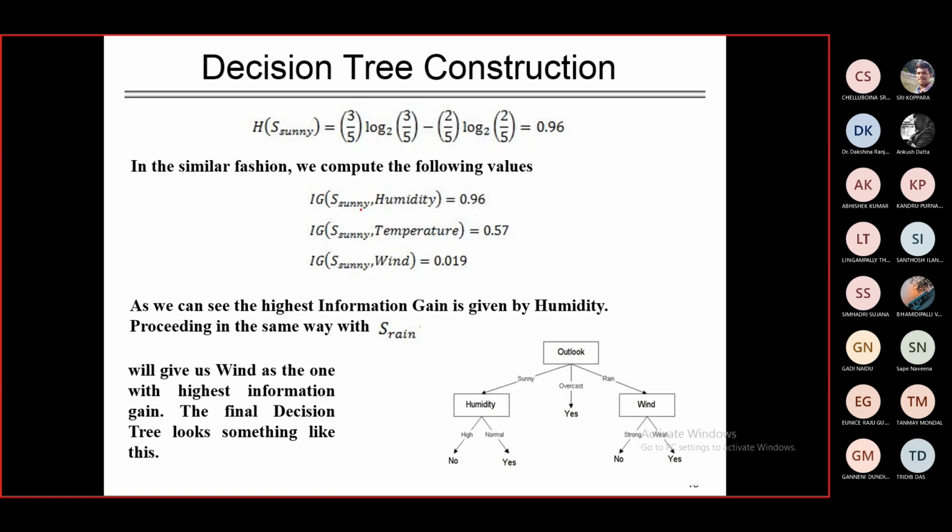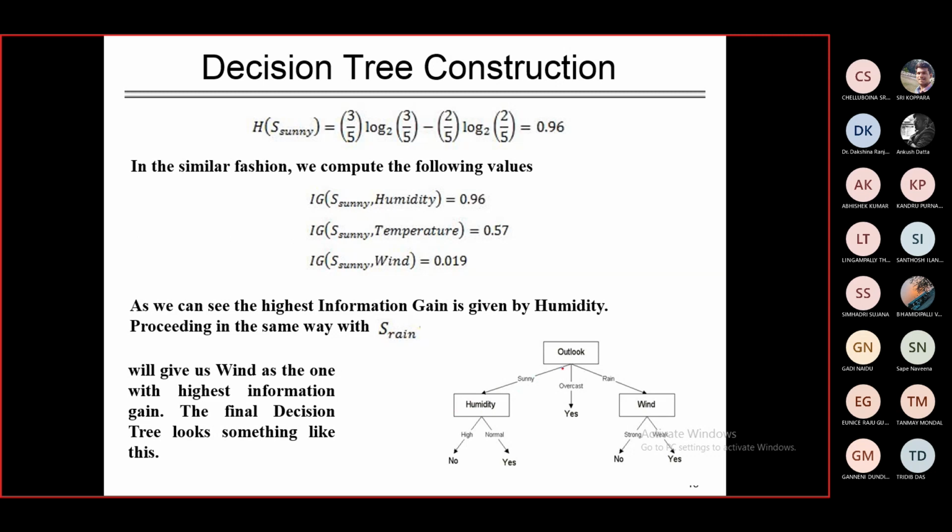Here we can see that the information gain for humidity is found to be very high, apart from temperature and wind. Therefore, for this branch, since sunny is one of the values of outlook, we get humidity as the internal node.